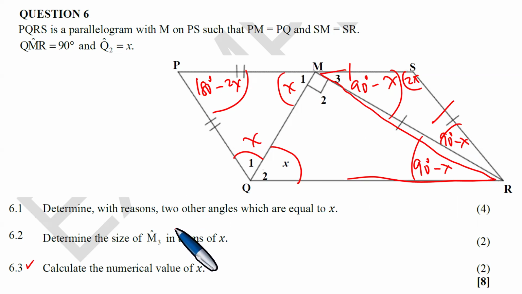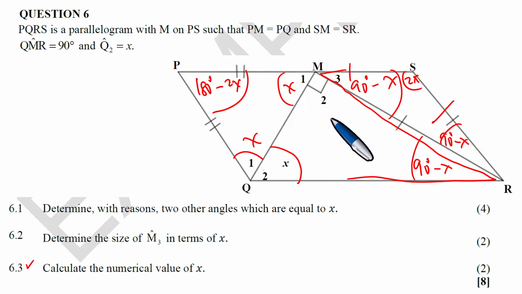Now, in this triangle, if you add everything, you get 180 degrees. And if you add everything here, this is x minus x, which is 180 degrees as well. Right. And so also the opposite angles here are equal to each other.